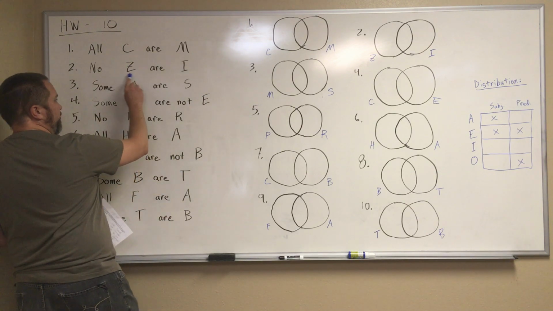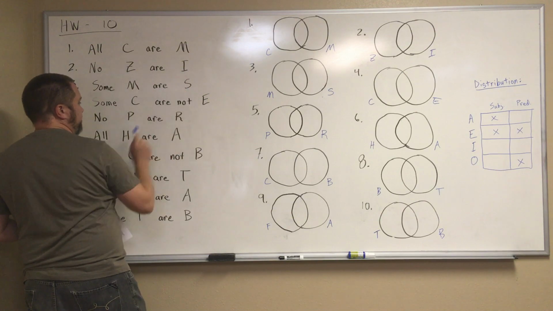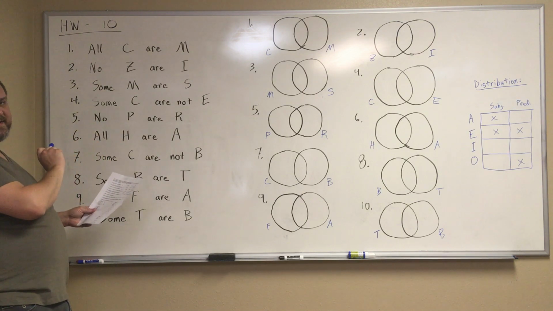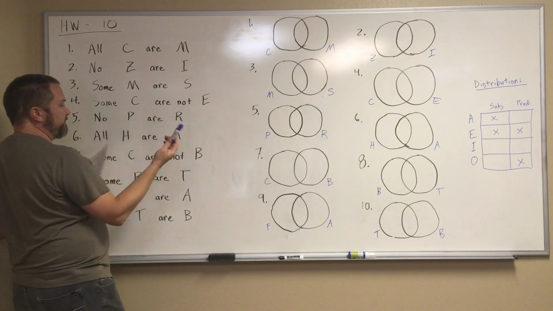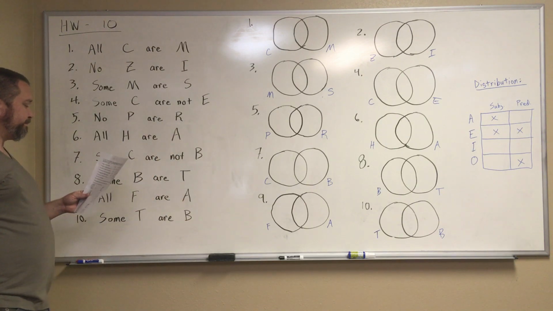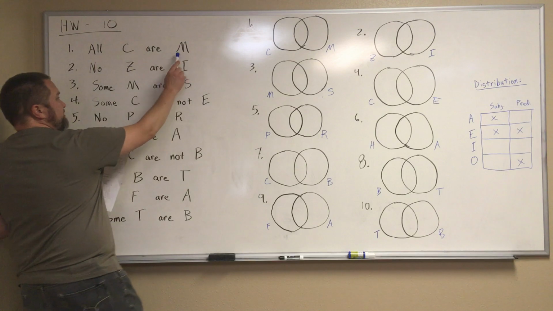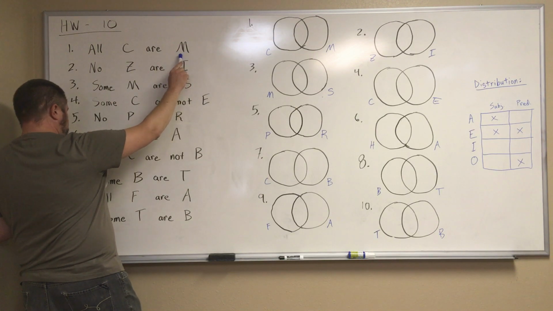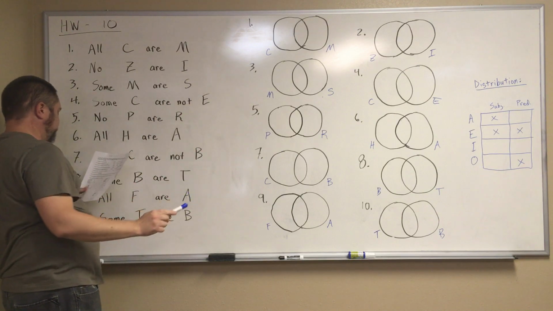And make sure that you don't have the same letter twice, like on number 5, no polygraph tests are perfectly reliable tests. Don't use 2 P's, because again, that would be confusing. So just change one of them up. But this whole category, if you're asked to identify the category, is motorized vehicles.